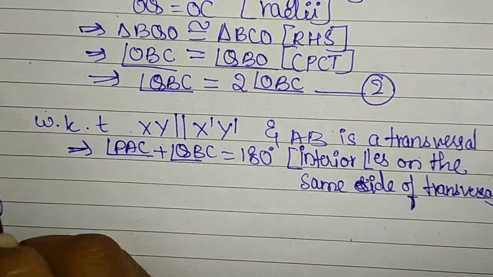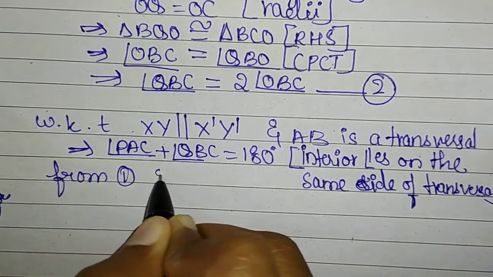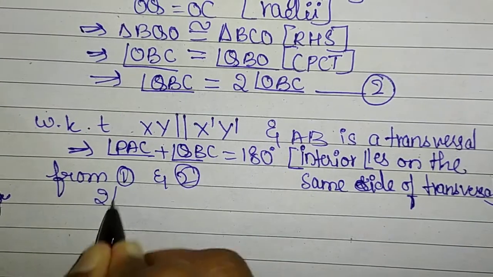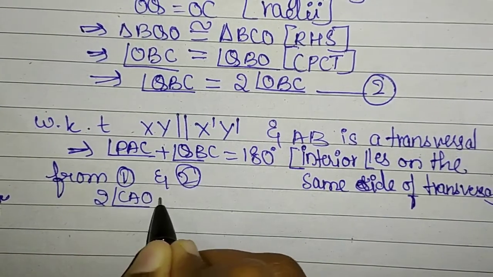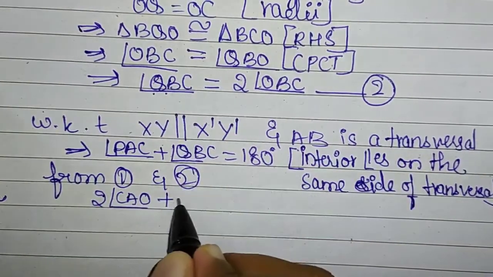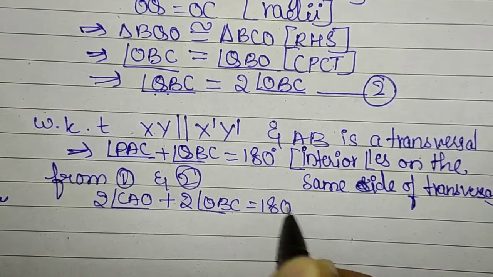From 1 and 2 we can substitute angle PAC as 2 CAO plus 2 OBC, and QBC is 2 OBC, equal to 180 degrees.